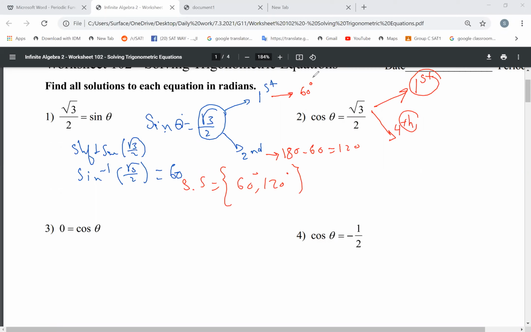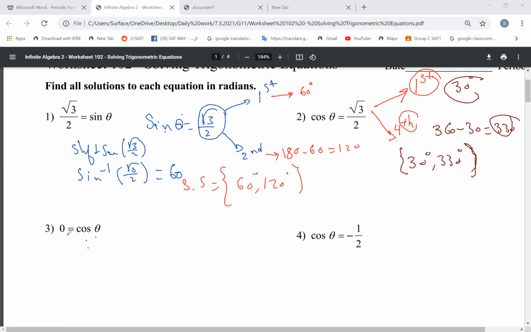Shift cosine of root 3 over 2 equals 30 degrees. Is it? Oh, yes. Okay. So in the first will be 30, and in the fourth will be 360 minus 30, which is 330. Then the solutions will be 30 degrees and 330 degrees. Okay?